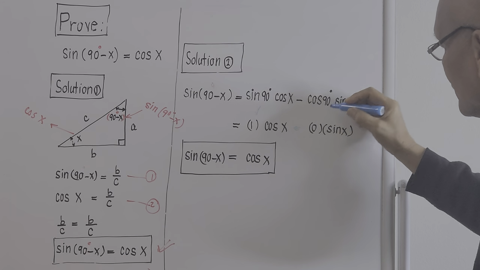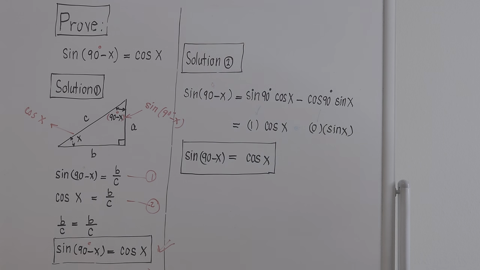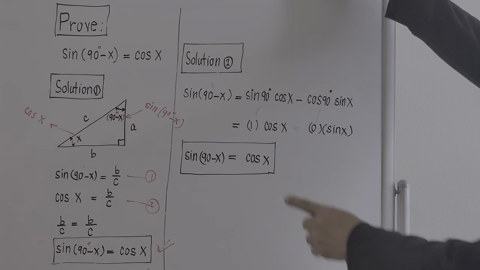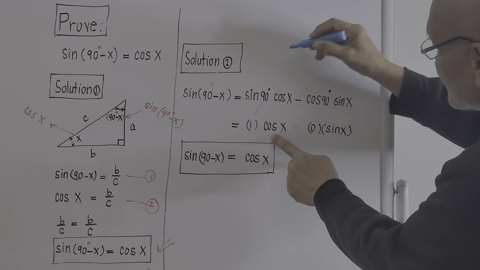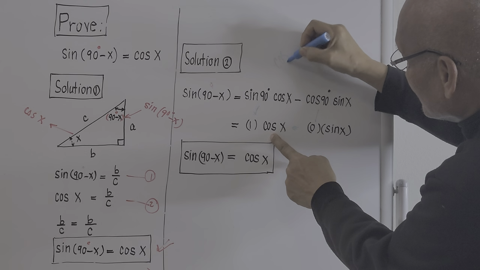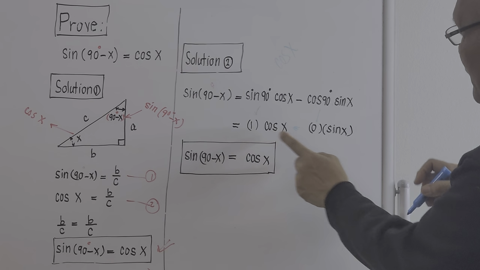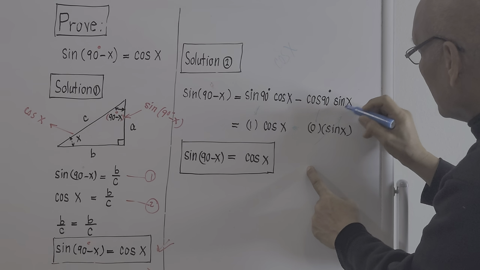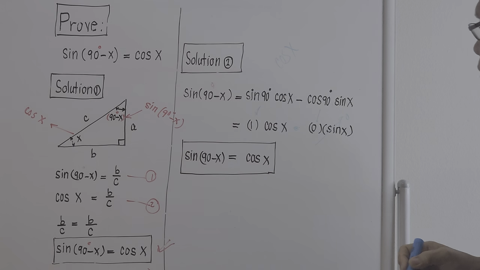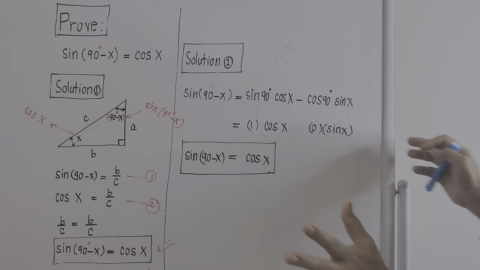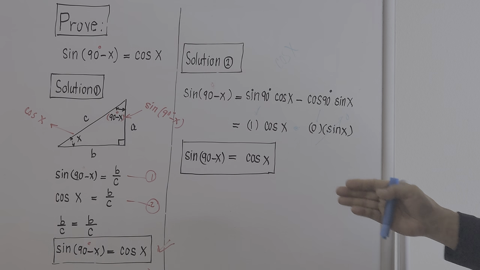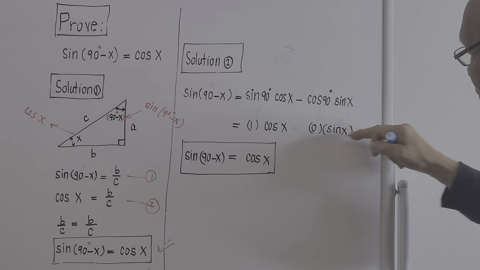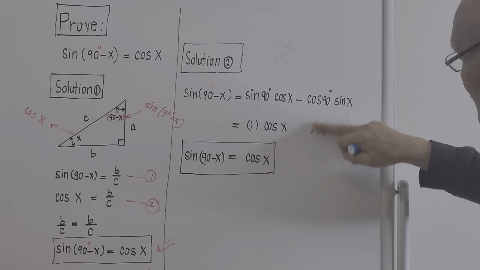Cosine of 90 degrees is 0, times sine of x. 1 times cosine of x is just cosine of x, and 0 times sine of x becomes 0. So the simplification of the right hand side will simply be 1 times cosine of x, which is cosine of x. This is now 0, so it is gone.